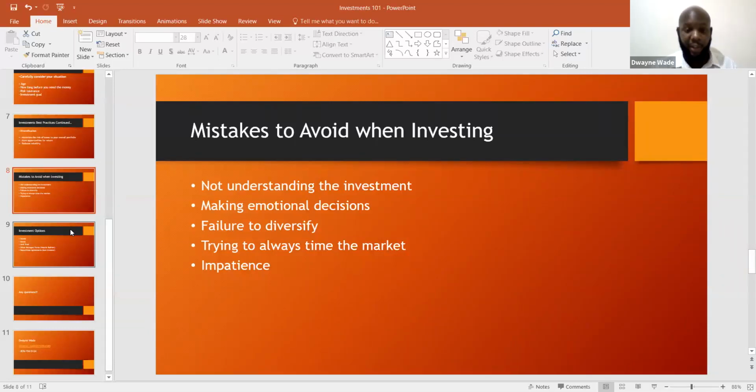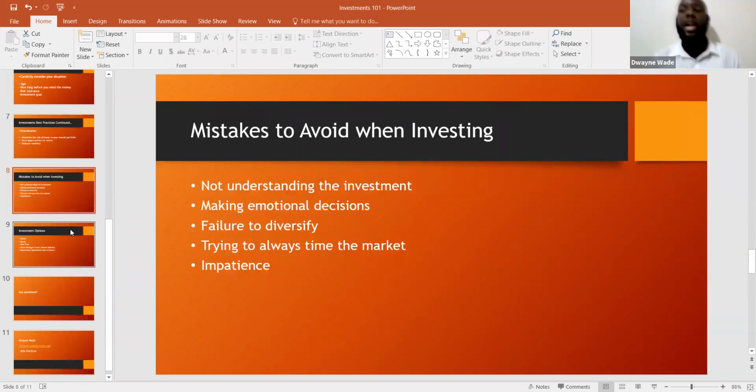So failure to diversify is one of the mistakes that many investors make. So when we leave this and we start to invest, everyone should have a diversified portfolio, right? Especially if you're investing for the long term.